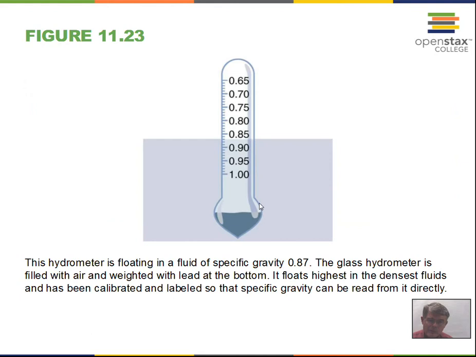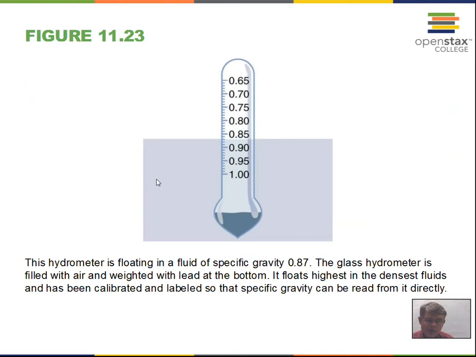We get a buoyant force equal to the weight of the object when the hydrometer here sinks just a little bit less into the fluid. Because the fluid we're pushing out weighs more per cubic centimeter, it has a higher density, so the hydrometer does not need to sink as far.